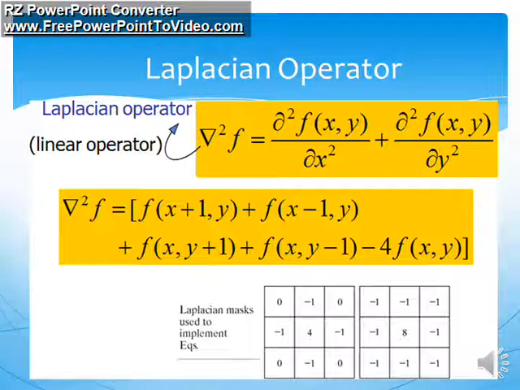The Laplacian mask used to implement the equations is given here. We can see all the 4 corners are filled by 0, the inner positions are filled by -1, and the middle point is filled by 4. Similarly, for the other mask, all are filled by -1 and the middle one is 8.